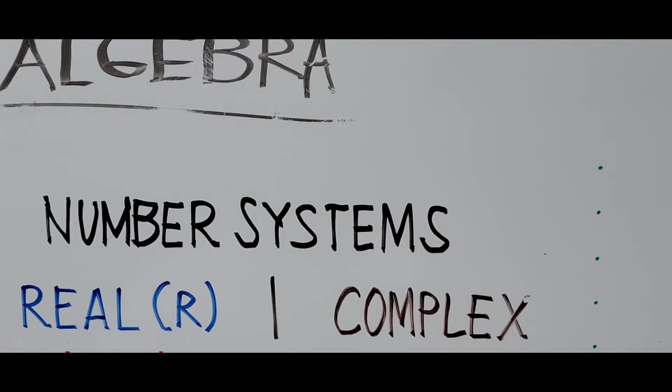And it's the number system categorized in here, which we commonly encounter in our math or algebra subject. We have here real numbers represented by R, and complex numbers. Real numbers are all numbers that we see in everyday life. We see them anywhere we go.